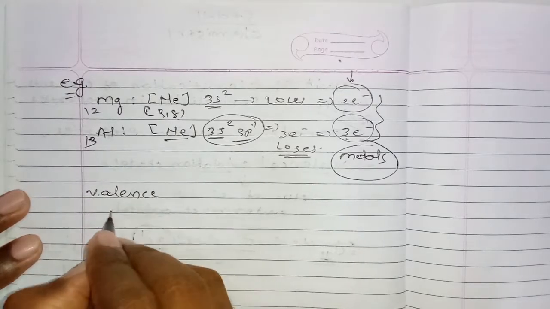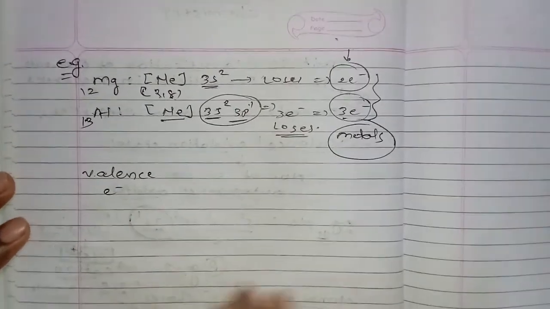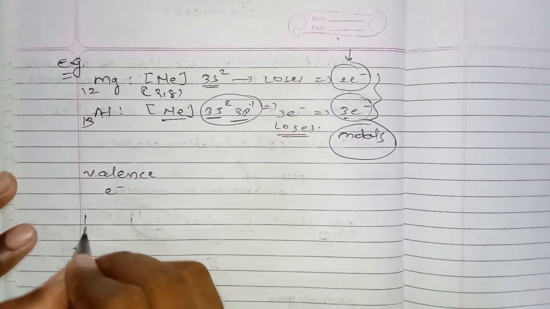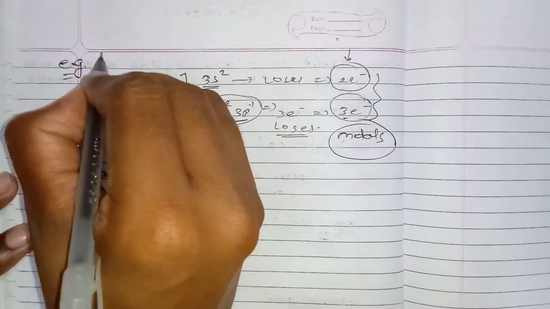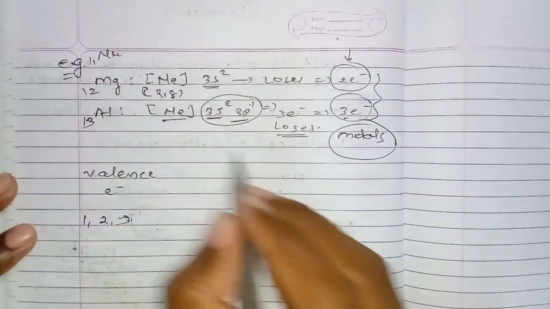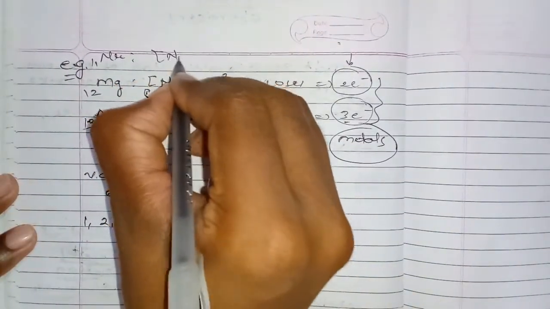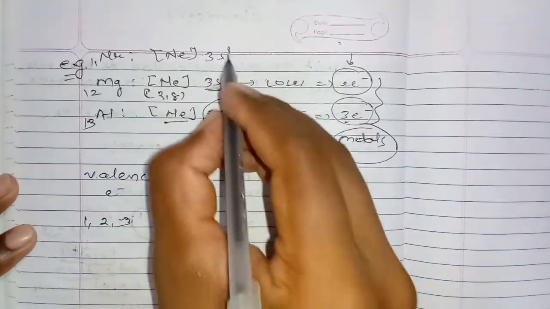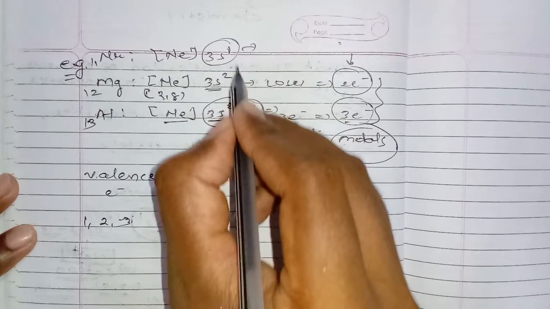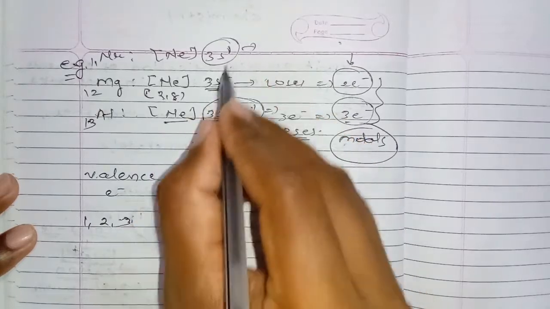So if the valence electrons are 1, 2 or 3, for example sodium 11, its electronic configuration will be neon 3s1, so there is only one electron.